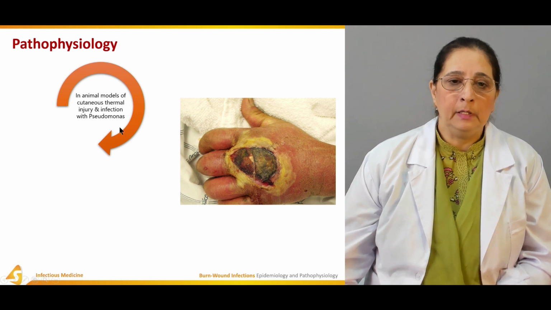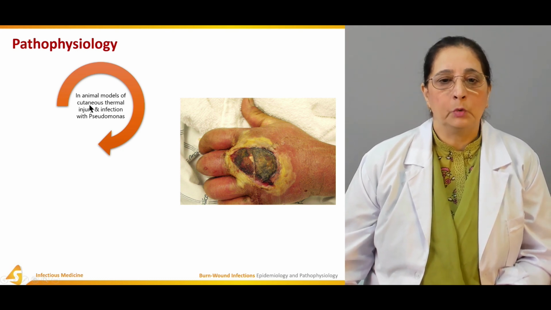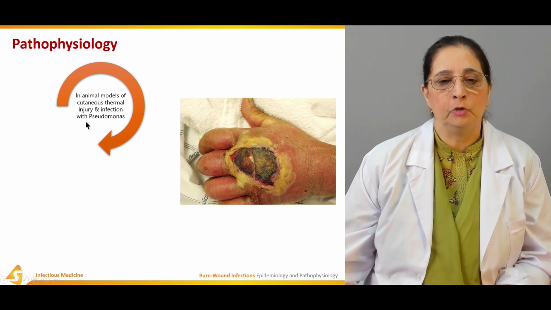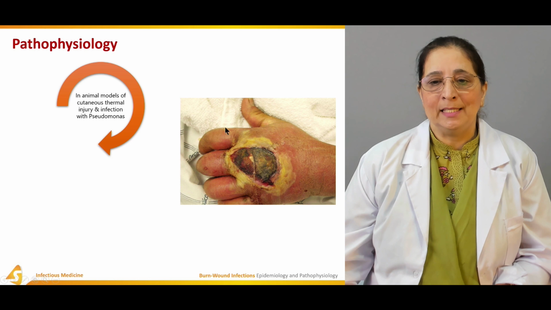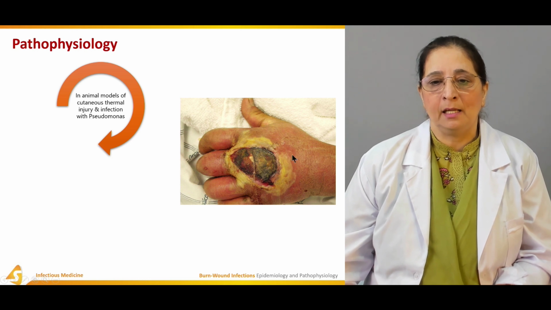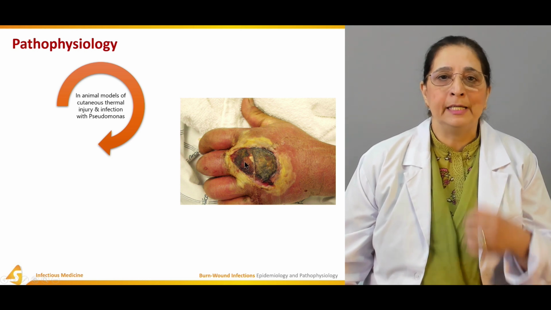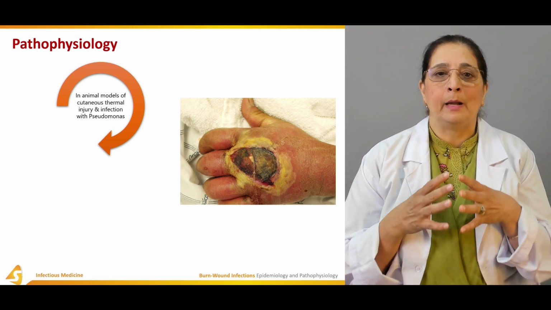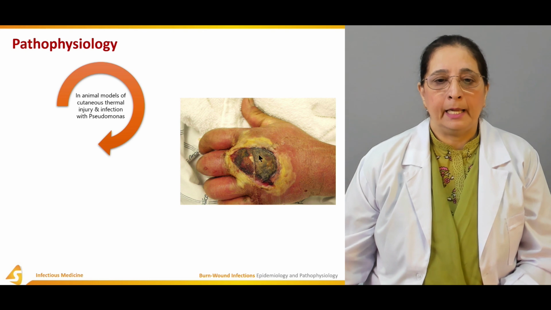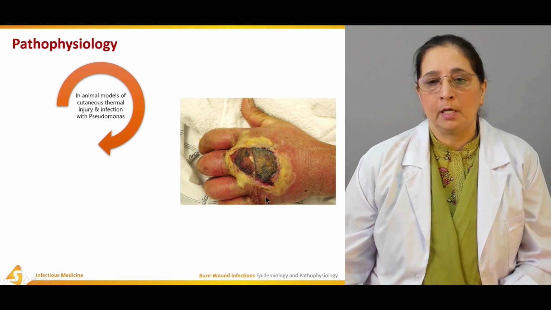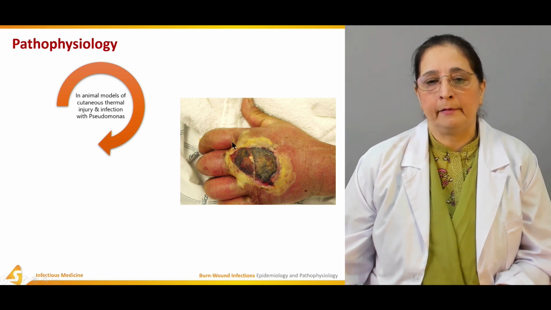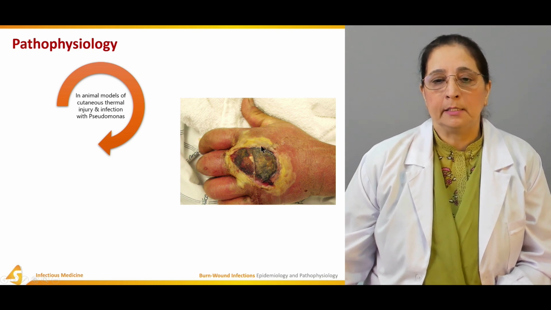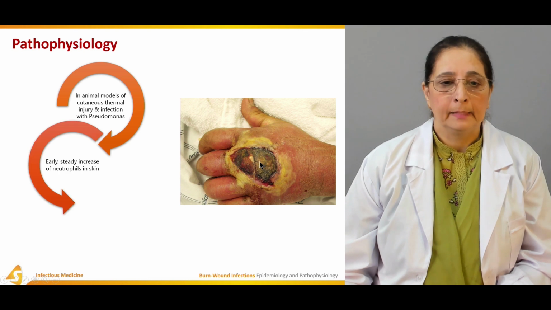Next, in animal models of cutaneous thermal injury and infection with Pseudomonas, you can see this greenish discoloration as a result of thermal injury, a burn of the skin by heat, and infection with Pseudomonas. That's the diagram that shows you the Pseudomonas and the cutaneous thermal burn injury.